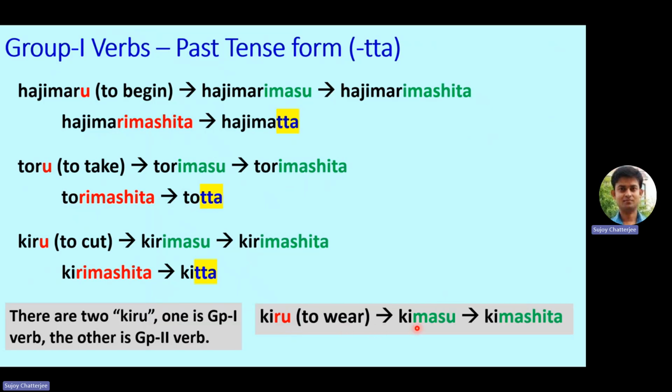And for kiru, the masu form becomes kimas, because we have to remove this ru and replace it with mas according to the rule of group two. So kiru becomes kimas and kimas becomes kimashta, and by the group two rule, which we will discuss later, kimashta becomes kita. We have not yet discussed this rule. I have provided it here just to tell you that there are two kirus. One is to cut, a group one word, and one is to wear, a group two word. So for now, just stick to this kiru, to cut: kiru, kirimas, kirimashta, kitta.